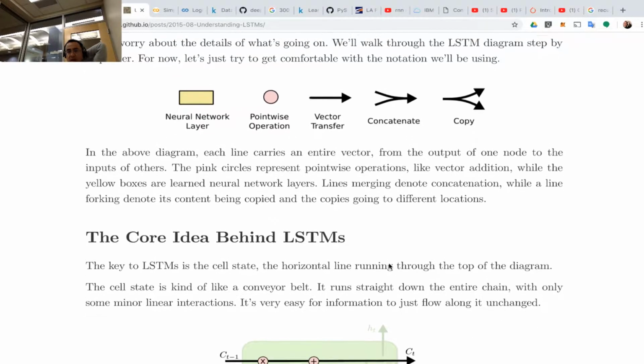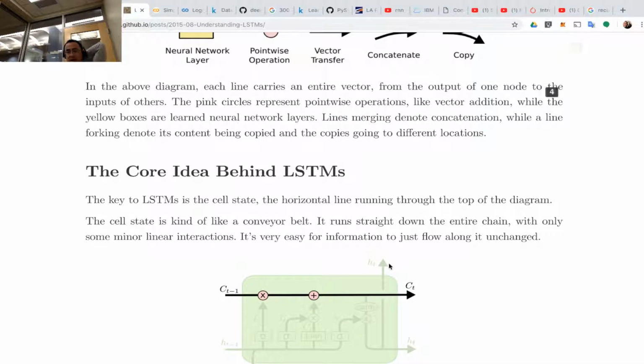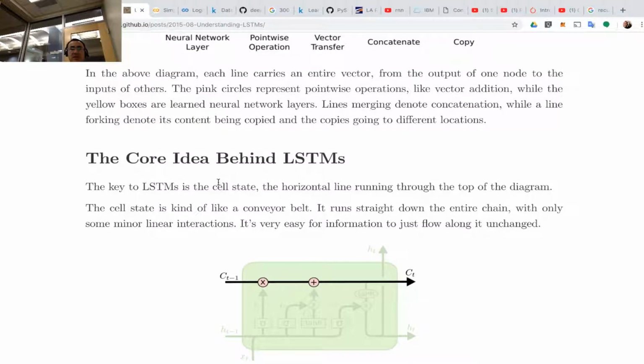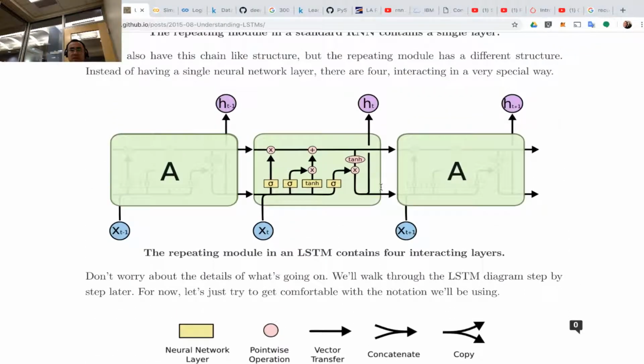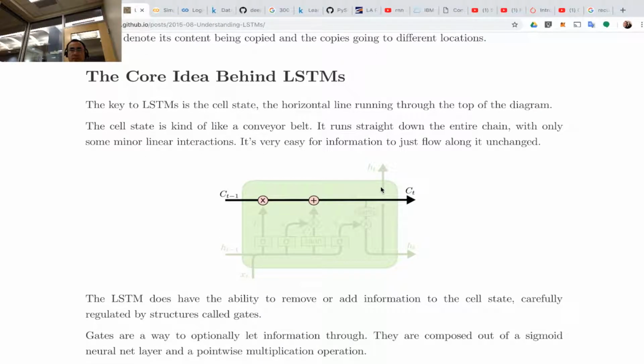Okay. The core idea behind LSTM, long short-term memory. The key to LSTM is the cell state, the horizontal line running through the top of the diagram. The cell state is a kind of conveyor belt. Conveyor belt, huh?